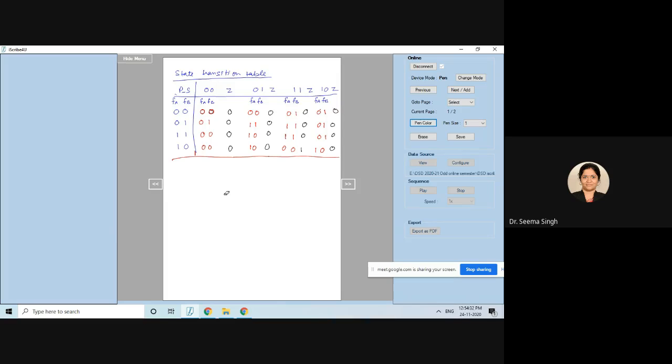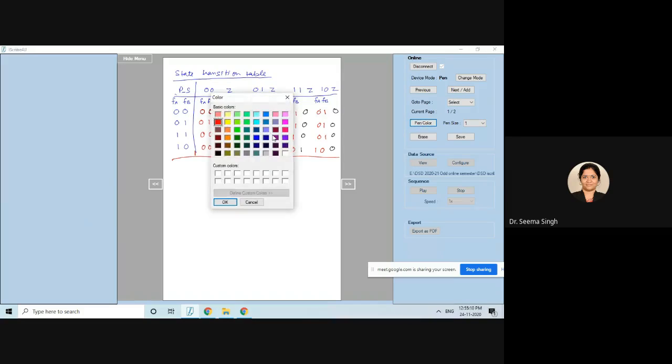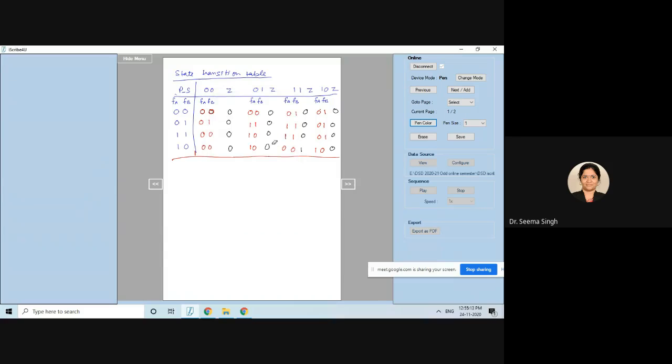Okay. Now, the next step is writing the excitation table. When we write the excitation table, it will be based upon the type of flip-flop. You have already done design of counters using various flip-flops. So you all know the easiest is with the D flip-flop, right? Now, I will do the easiest one for your first class of state machine.